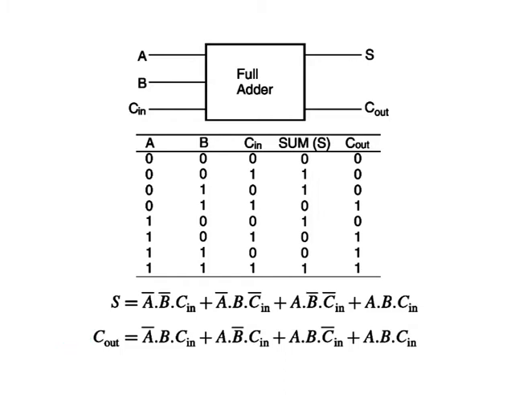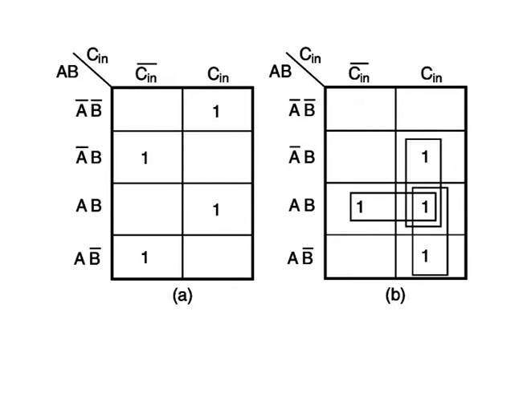Now, we are to simplify the two expressions. We will do so with the help of Karnaugh mapping techniques. Karnaugh maps for the two expressions are given in figure A for the sum output and figure B for the carry output.